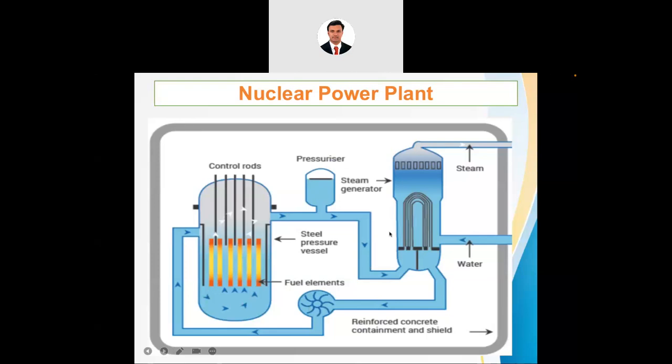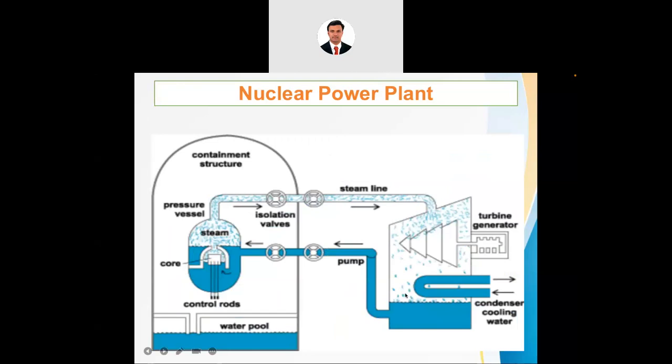Other components like the heat exchanger or the turbine are all the same. So this one is better visualized. Instead of a boiler, we are using the nuclear core, and instead of simple fuel, we are using nuclear fuel to create that high pressure, high temperature steam.